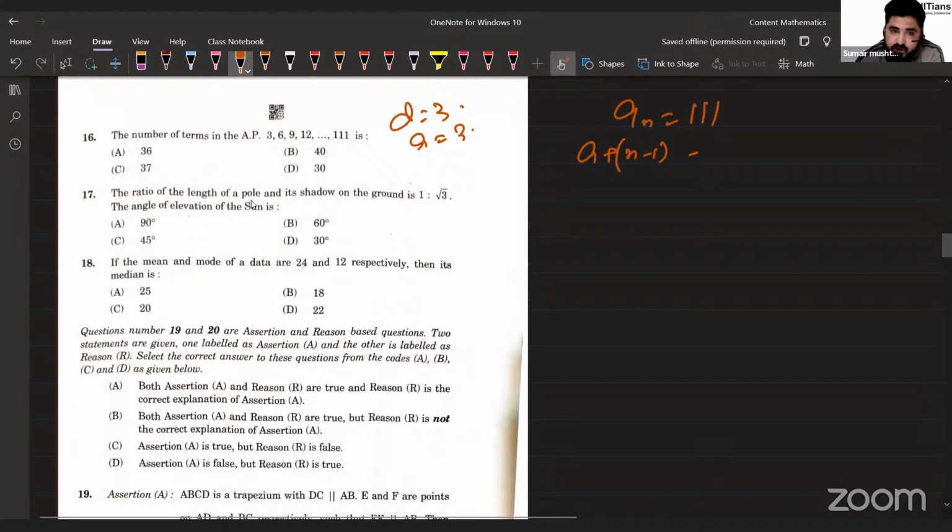Now next. The ratio of the pole of the, what is the answer of this? What is the answer of this, by the way? Come on, tell me, guys, what did you get as the answer?